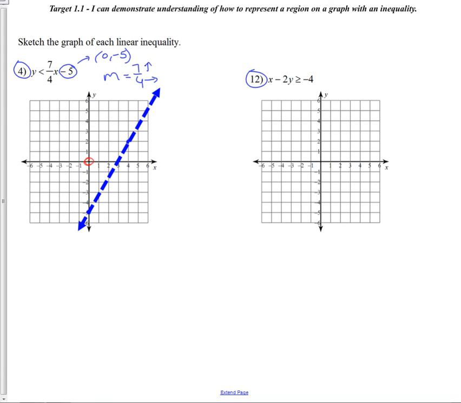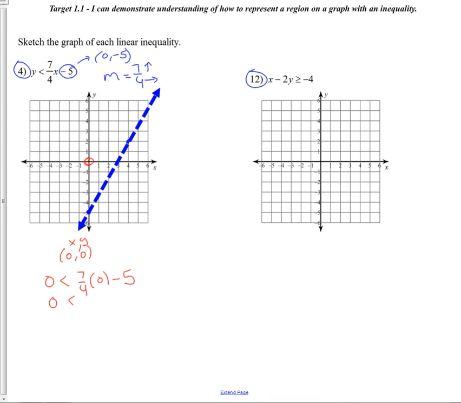Usually the easiest point to pick is 0, 0. That has an x and a y, and we will plug that into the equation that we have. So 0 goes for y, 7/4 times x, which is also 0. Use arithmetic skills to simplify this one.